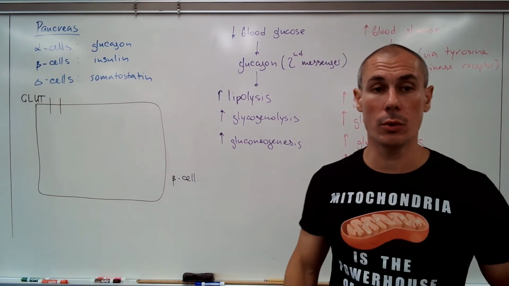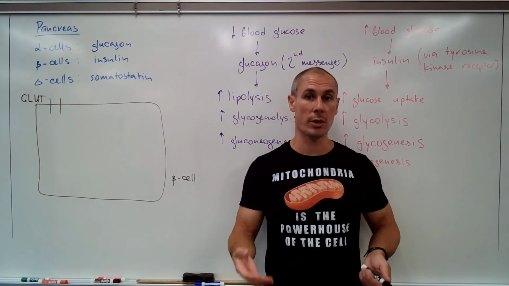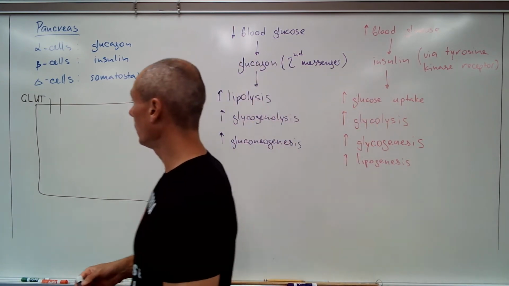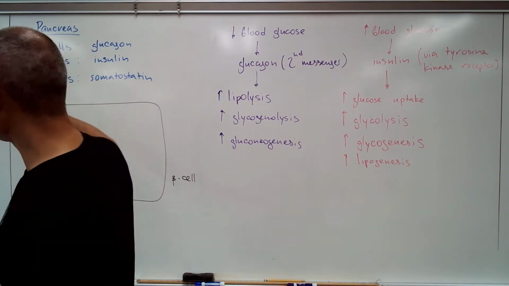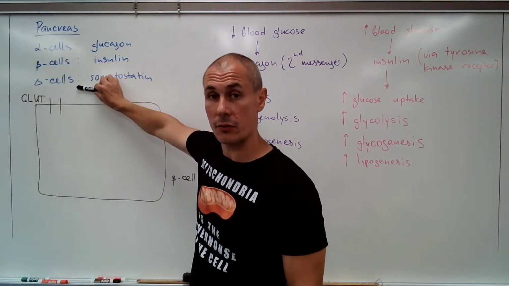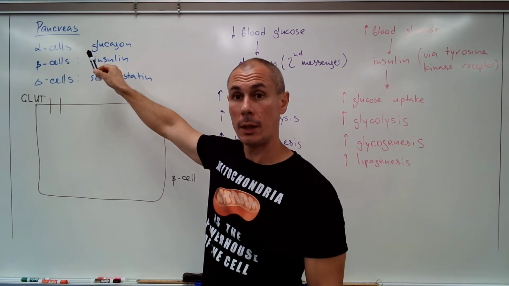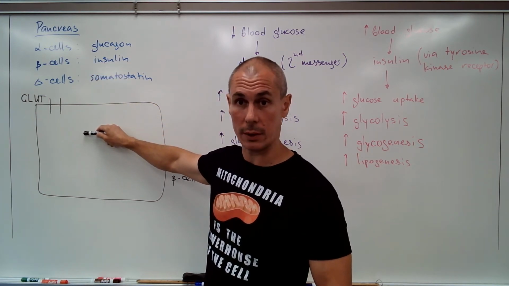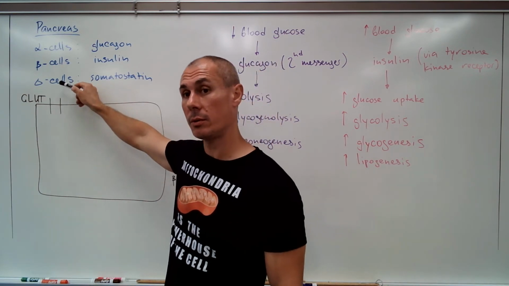So imagine that you have elevated blood glucose. You ate something sweet. That make sense? So glucose levels in the extracellular fluid outside of the cell go up, and they become higher than the glucose levels in the cell. Are you following me so far? So what's going to happen to glucose?